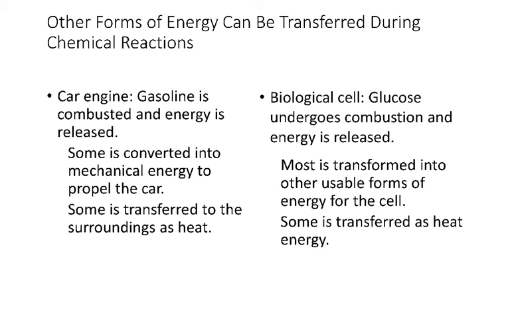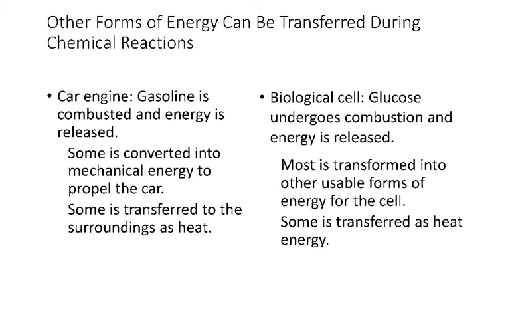Another example is a biological cell, as we saw in the previous slide, right? The glucose undergoes combustion, same kind of combustion reaction, right? It reacts with oxygen, and energy is released. So some of that is transferred as heat, but also most of it is transformed into other usable forms of energy for the cell, right?